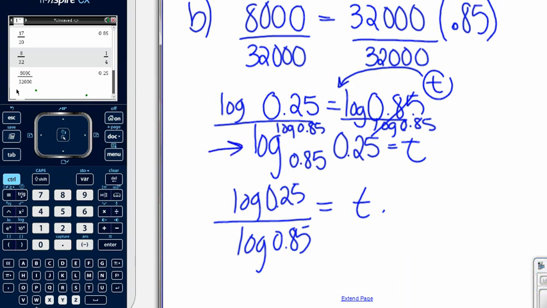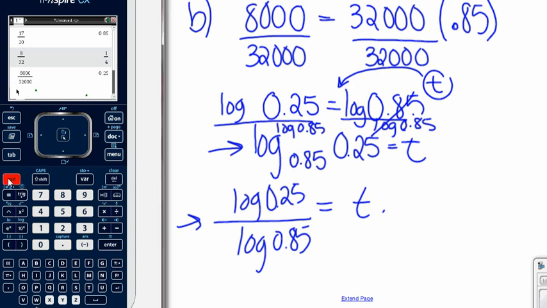So log base 0.85 of 0.25. Remember, with change of base, we can rewrite that in this form as well. So either one. So we have log base 0.85 of 0.25, and that's going to be equal to, oh, I did that wrong.